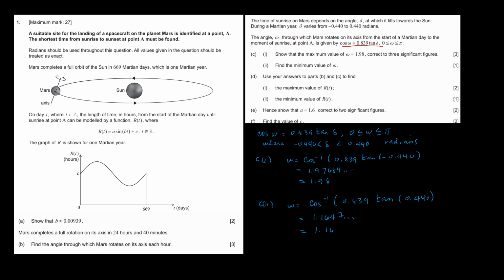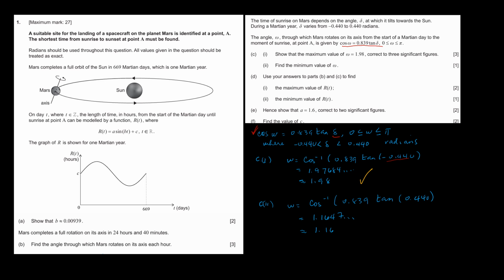So if we're going to use this formula, where our angle delta is between negative 0.440 to 0.440 radians, we can substitute for this by this one, and that gives us 1.97684, approximately 1.98.